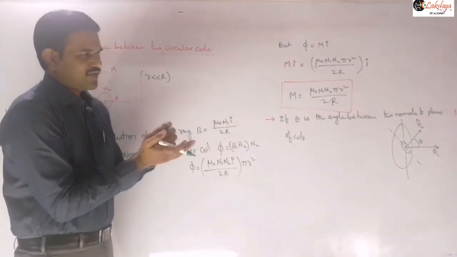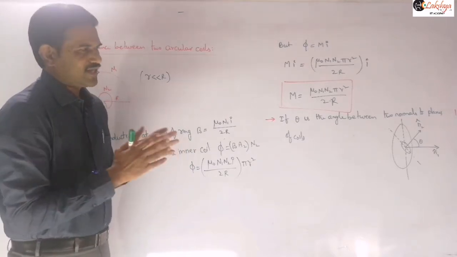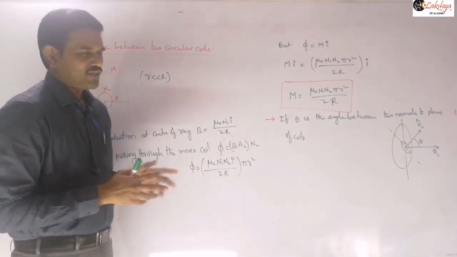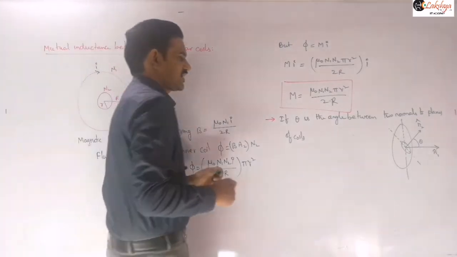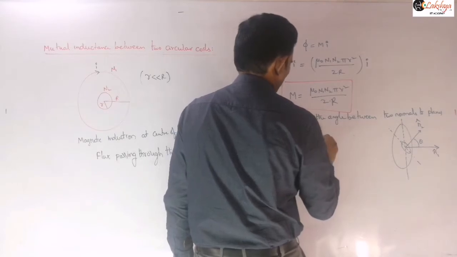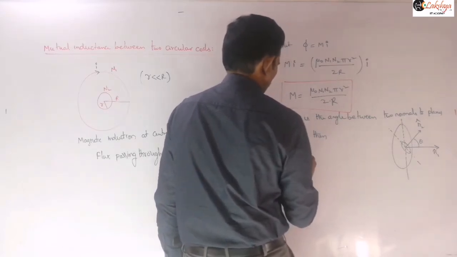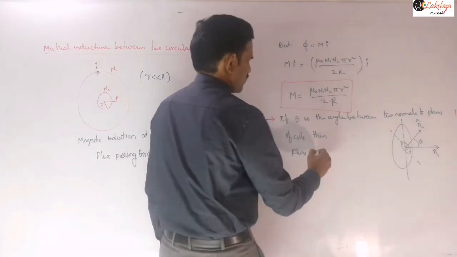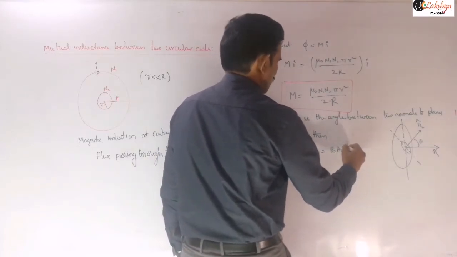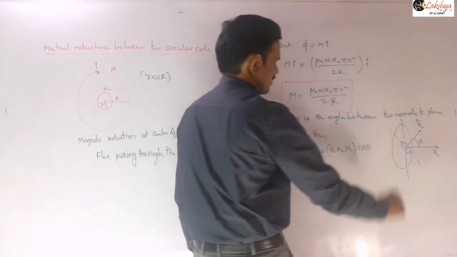If the planes of these coils are inclined at some angle theta, or you can say that is the angle between the two normals drawn to the two planes of the coils, then this magnetic flux we can write as phi is equal to B into A2 into N2 into, now additionally we need to write cos theta.